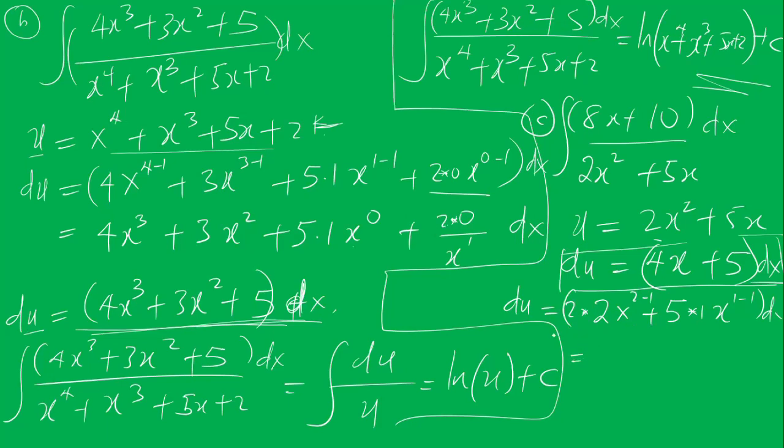So 2 times 2 gives you 4x, plus 5 times 1 is 5. So this will give you 4x plus 5 dx.